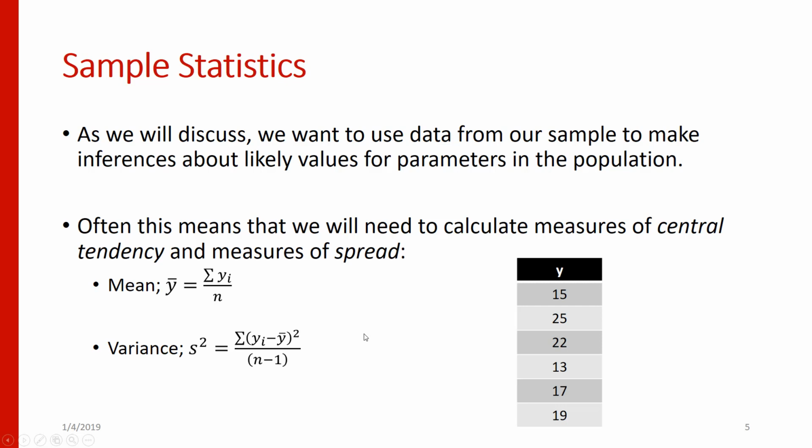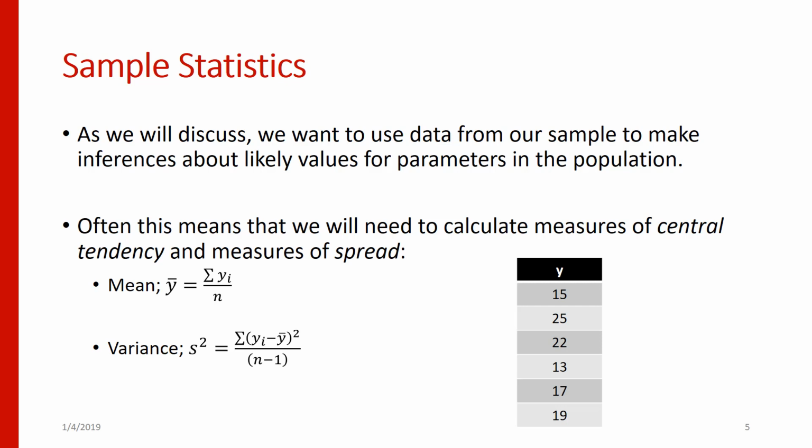We can also calculate the variance, which is a measure of spread, which is how different these numbers are from each other. And the variance, in case you are not familiar with this calculation or this formula needs a little bit of refreshing, is the sum of each y minus the mean, squared, divided by n minus 1. In subsequent lectures, we'll demonstrate why we need to use n minus 1 rather than n when we're calculating the variance.